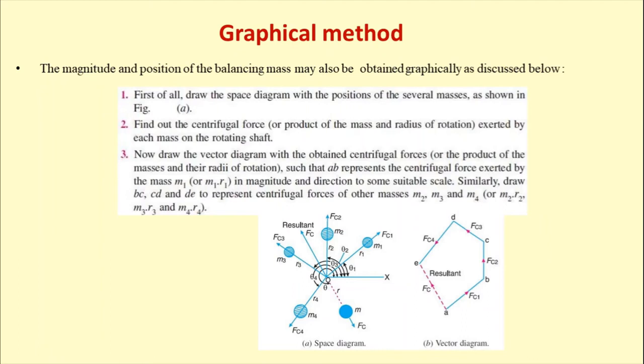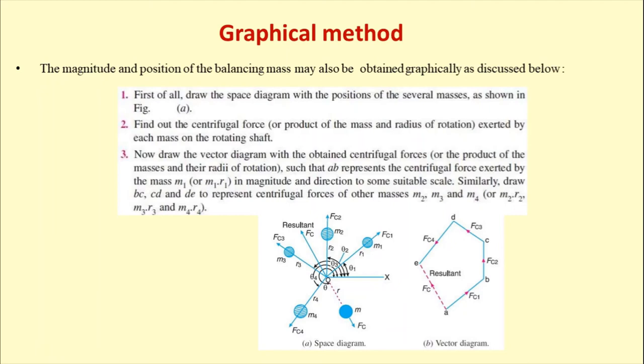The point to be noted here is that whatever the direction or inclination of each individual mass, like for M1, the line of action or the angle created should be the same in the vector diagram.